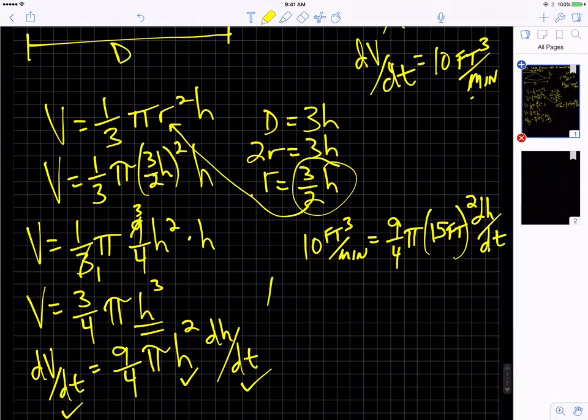So I'm going to have my 10 cubic feet over here. We have to square the 15 and then multiply it by 9/4. So that's 225 times 9/4.